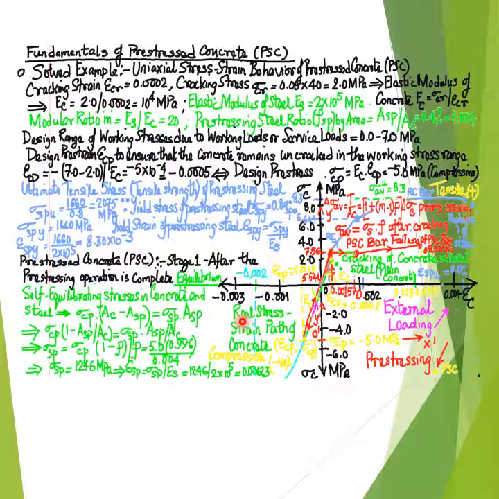while the internal self-equilibrating stress in the steel are generally tensile in nature, by the virtue of the pre-stressing operation, that is, tensioning the pre-stressing steel against the concrete.